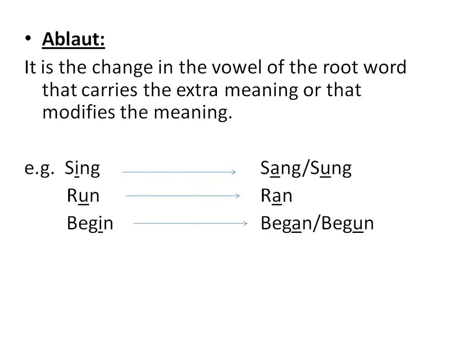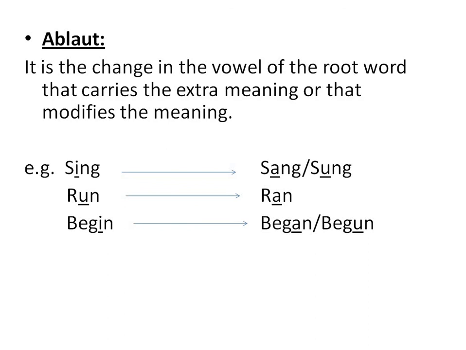Similarly, run is changed into ran to make it past, to change the meaning. When one is talking about the present, the word used is run. When someone is talking about the past, the word becomes ran.